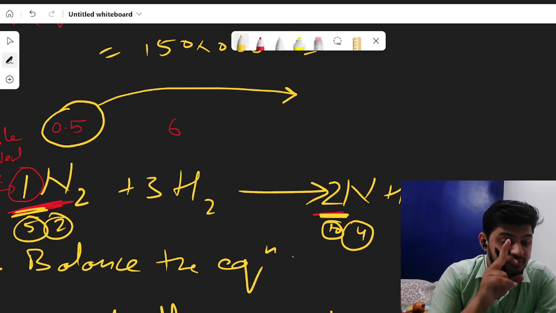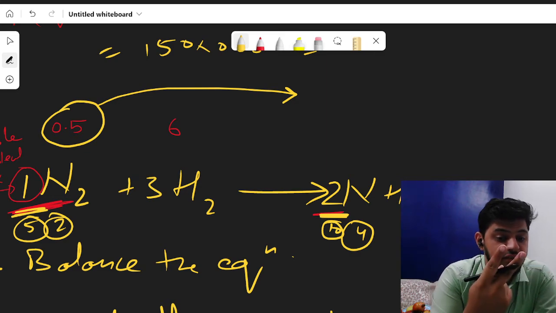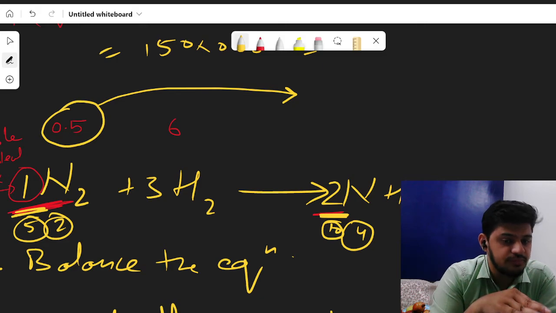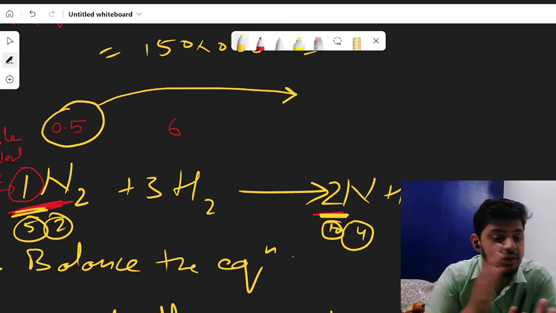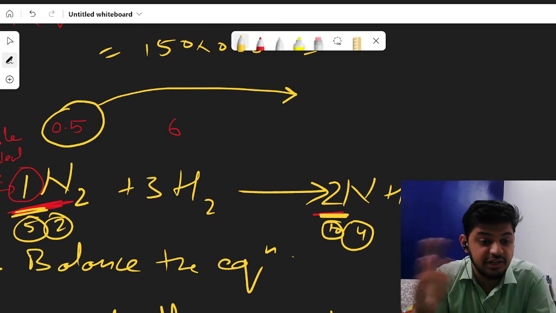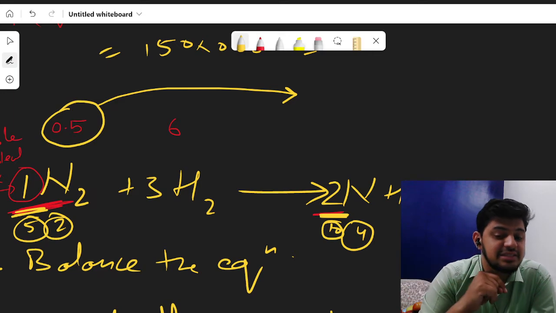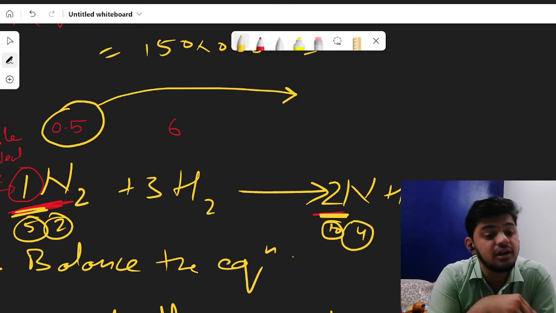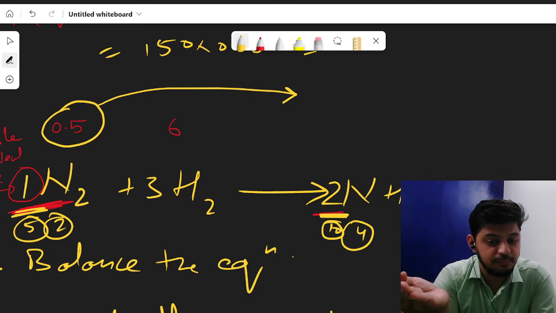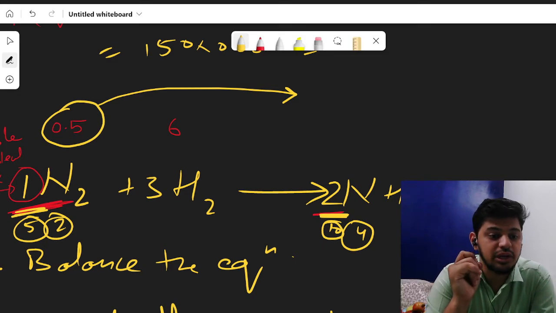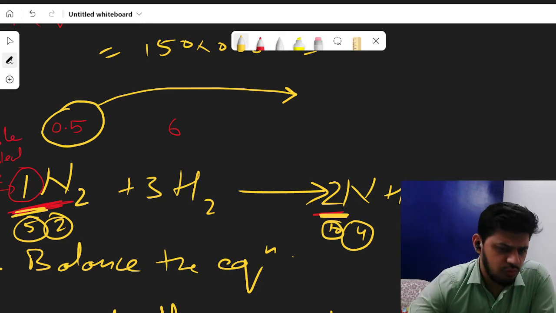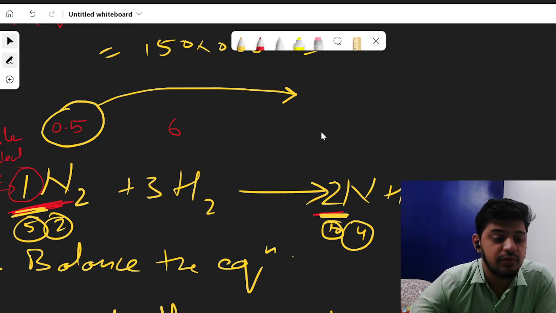I told you, if 1 mole of nitrogen is making 2 moles of ammonia, if they are 2, it will make 4. If they are 5, they will make 10. If they are 20, it will make 40. The difference is double. So if I have 1 mole of nitrogen gas, it will make double of ammonia. Very good. The answer is 1, because 0.5 multiplied by 2 is 1.